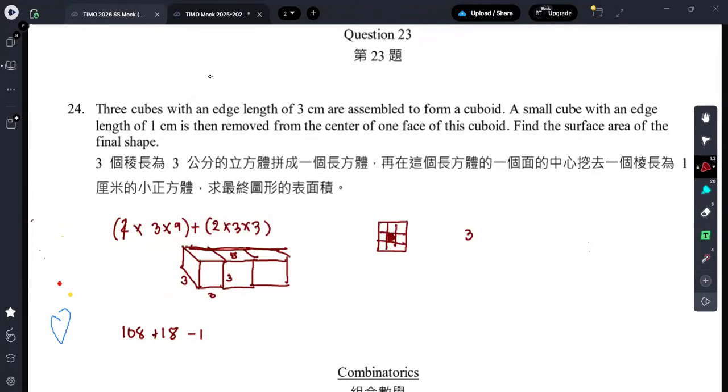A small cube with an edge of 1 is removed from the center. Do not subtract 1. Instead, this will be added by 1, 2, 3, 4. So you will have 108 plus 18 plus 4. And that is equal to 130.